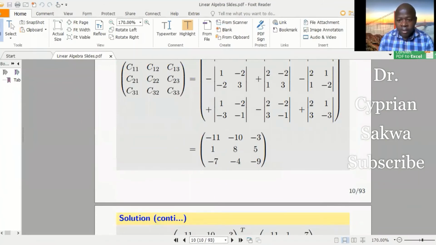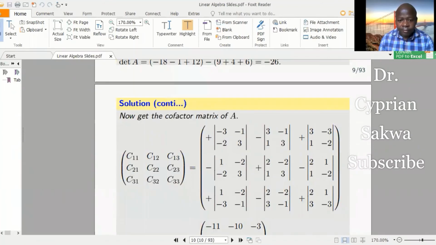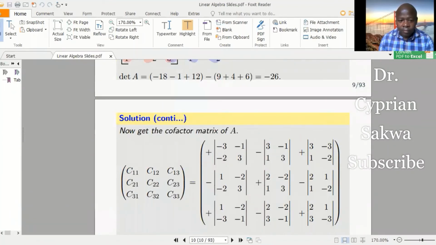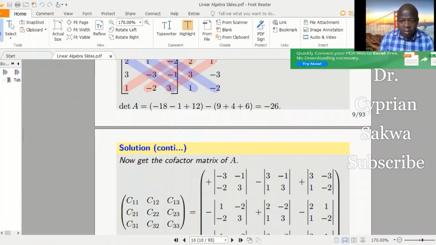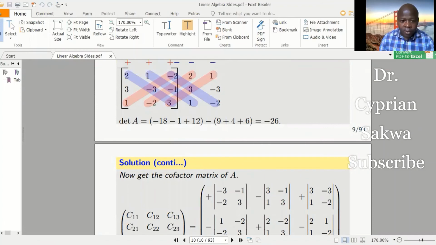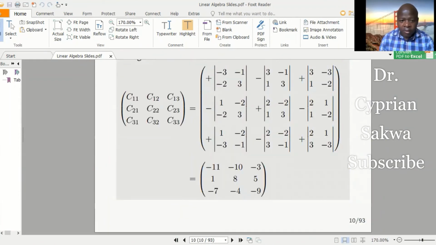From there, the next thing for us is to get the cofactor matrix. So what was our matrix? Let's just write what our matrix was. I want to create a space to write that matrix.